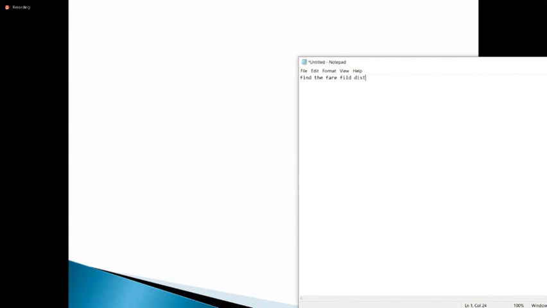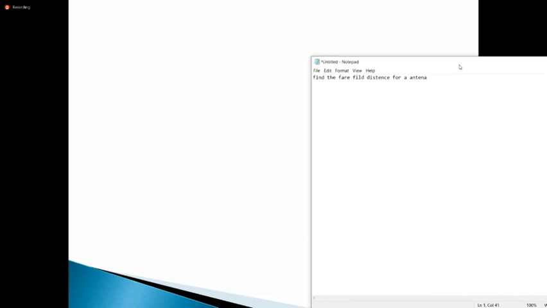Find the far field distance for an antenna with maximum dimension of 1 meter and operating frequency of 900 megahertz. Find the far field distance.